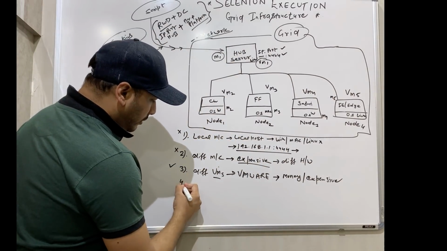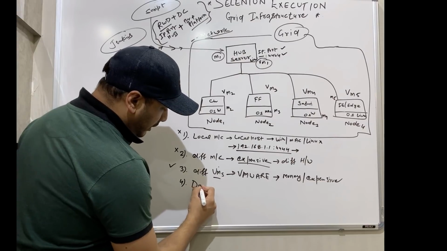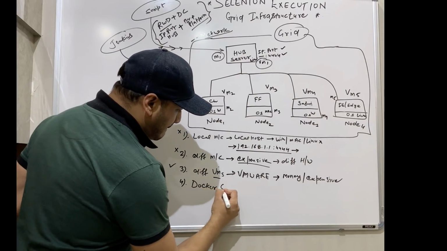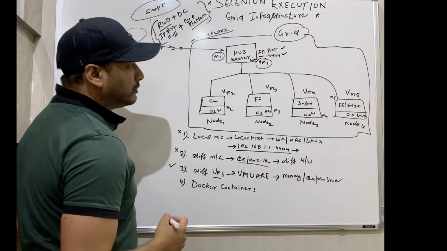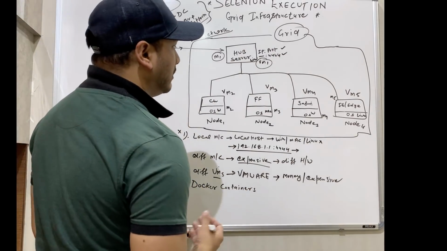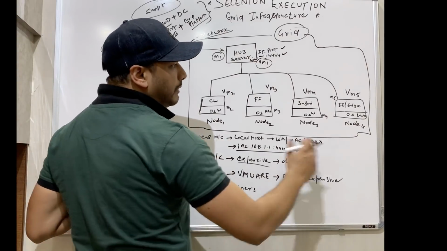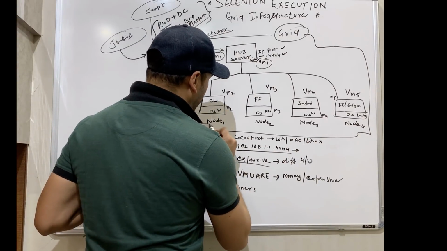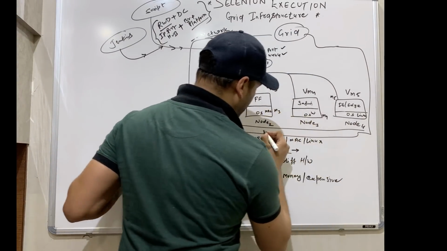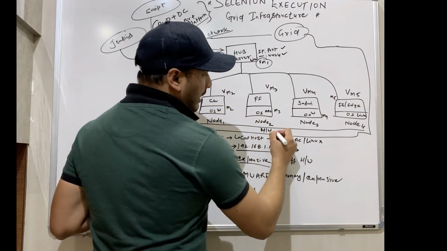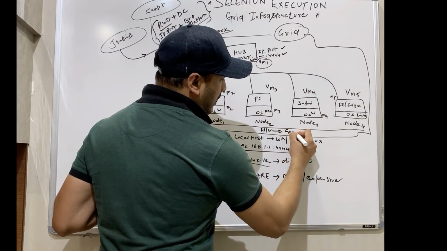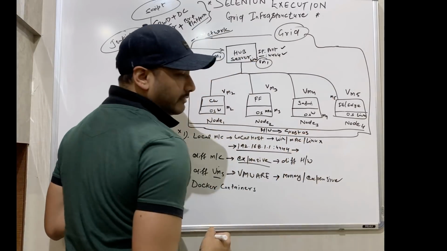Fourth option, what you can do is that these days a lot of people are using Docker containers. So you can use Docker containers. It means that I don't need multiple VMs. I simply take one single hardware over here, and I will install one operating system, whatever is available.